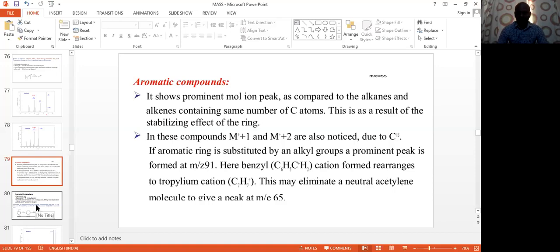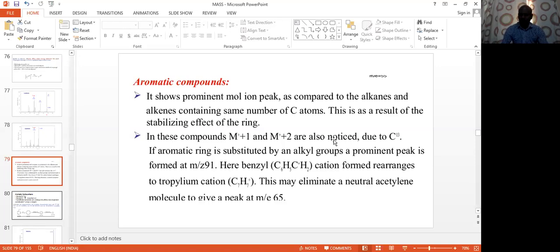So coming to the aromatic compounds, the molecular ion peak is sure to be a very prominent peak, and sometimes you'll have the M+1 peak and M+2. If it is a substituted benzene with an alkyl group, you get the benzyl cation at M by Z value 91.